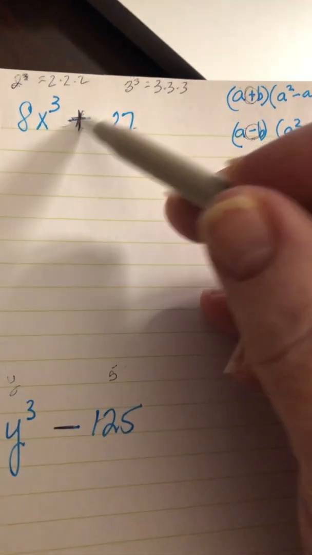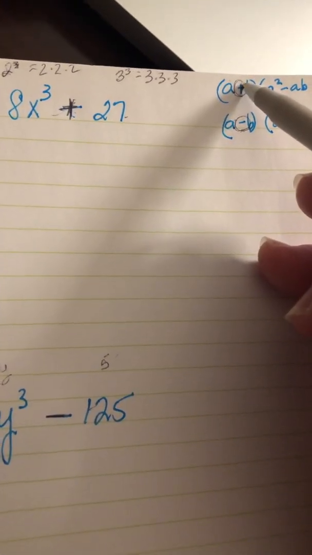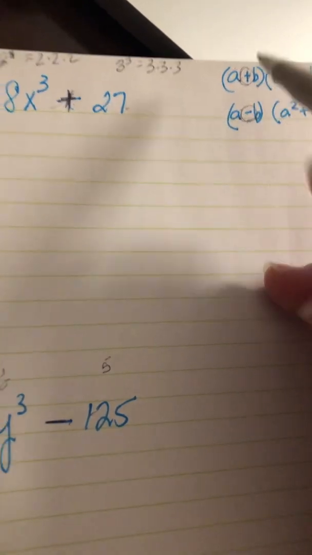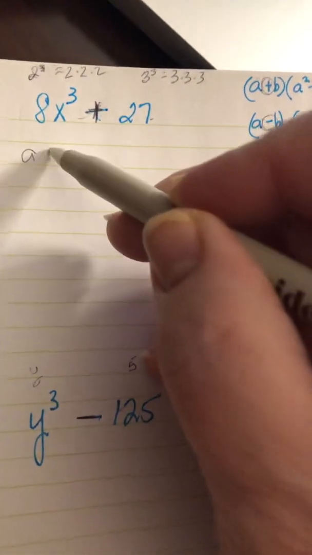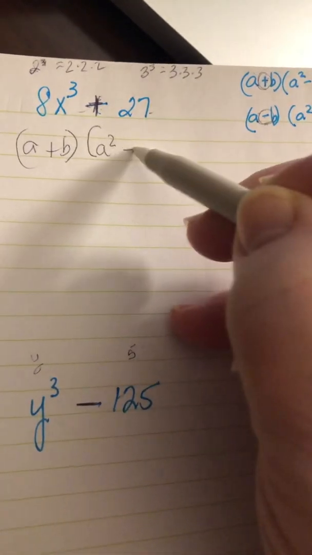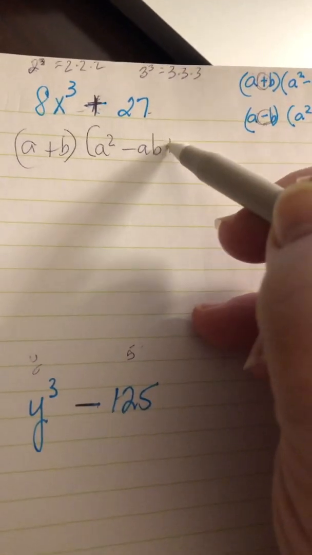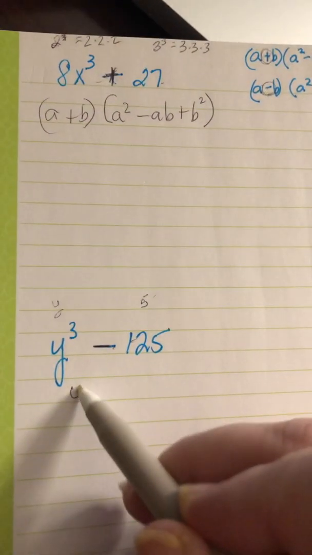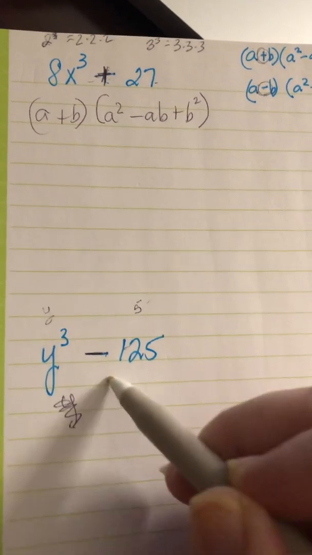If you're starting with addition here, you're going to use the one that starts with addition here. If it's subtraction here, then it's going to be subtraction here. So I'm going to use the sum of cubes formula for the first one, and down here I'm going to use the difference of cubes formula.